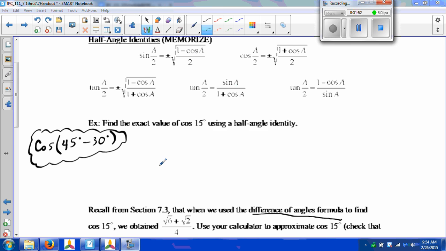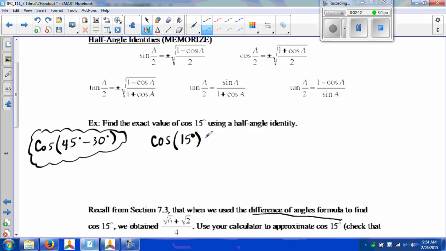All right, so let's use the formula. We have the cosine of 15 degrees. Well, what over 2 is 15? I don't really like to write it as something over 2. Everybody gets confused. I just remember that whatever this is, double it.